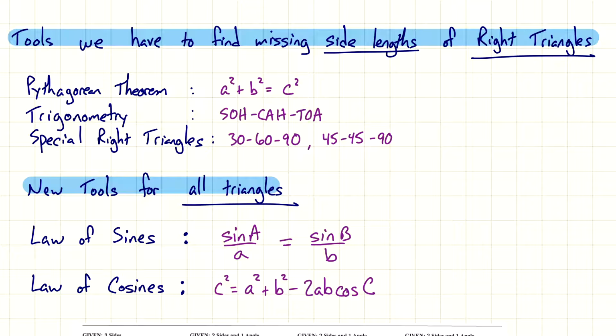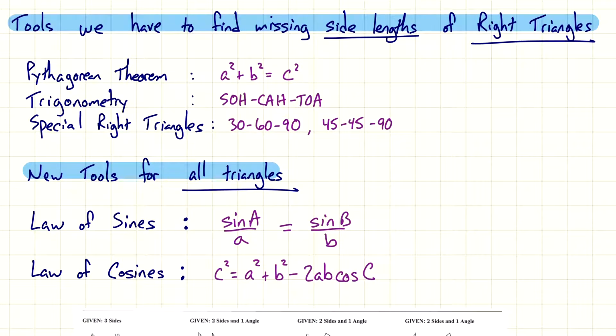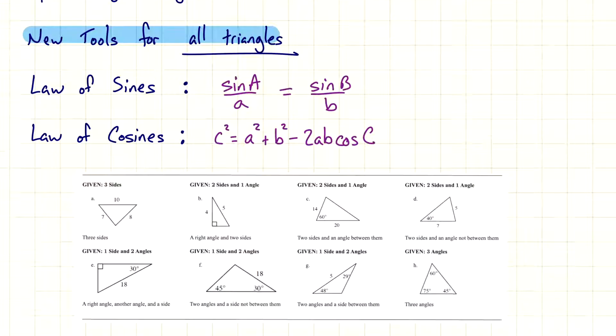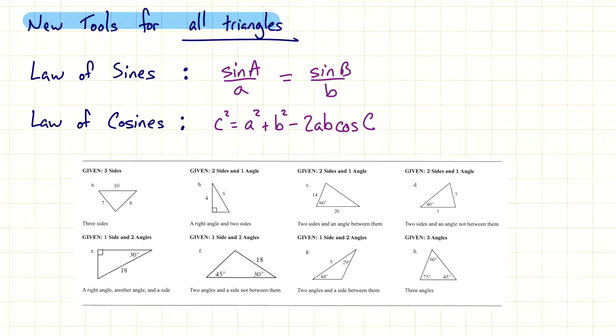And so we had some issues before. We went over a handful of triangles. Here they are at the bottom. These are the same 8 triangles we looked at before, trying to analyze which ones we knew how to solve and which ones we didn't. This is where we introduced the new tools.